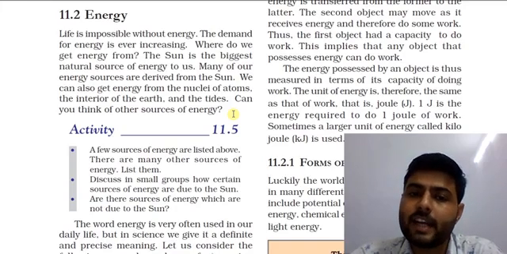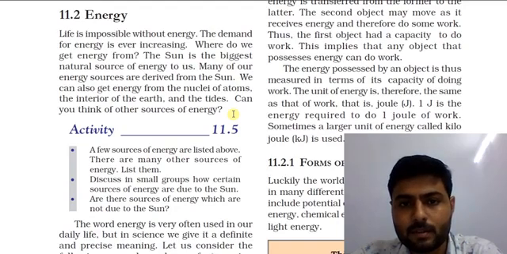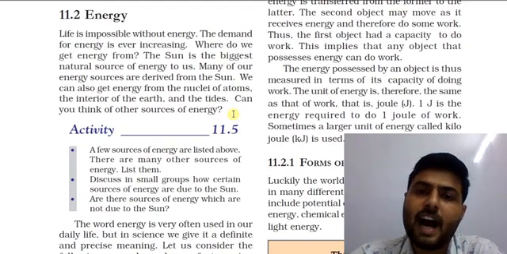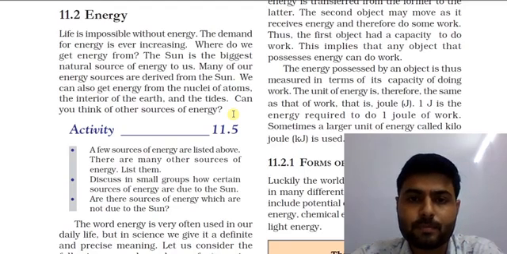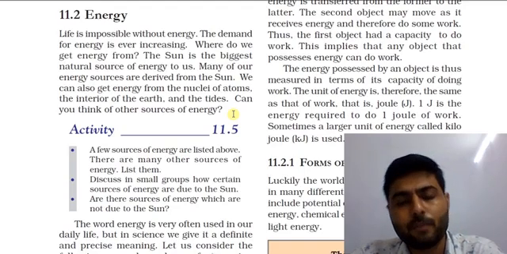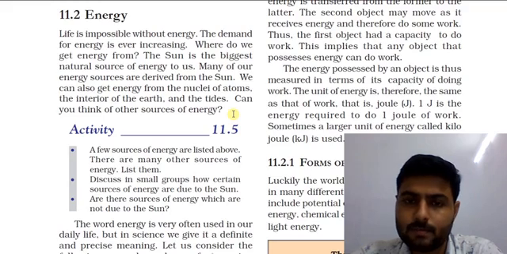The Sun is the biggest natural source of energy. Why? Because we are dependent on plants and trees, and trees and plants need the sun for their food preparation. We know that they prepare food by the photosynthesis process.